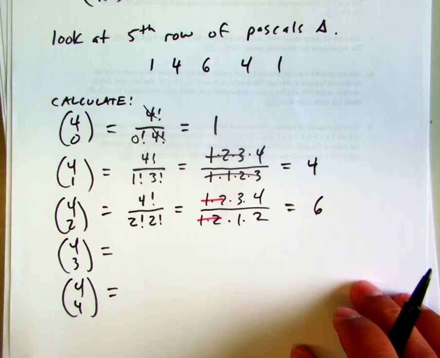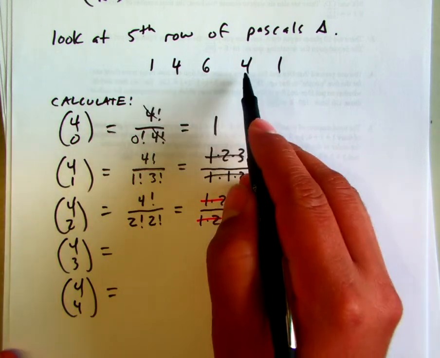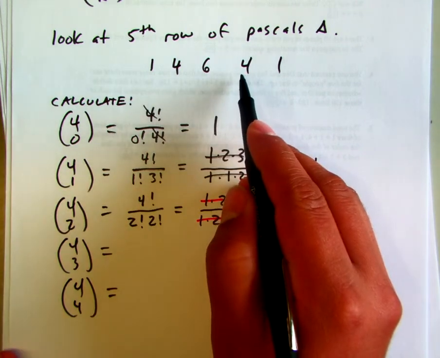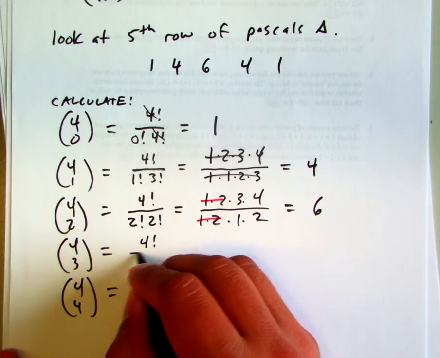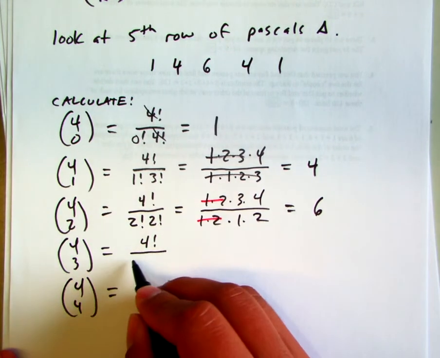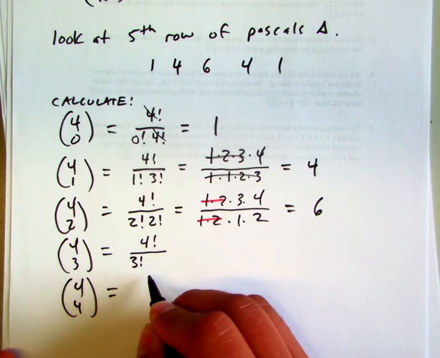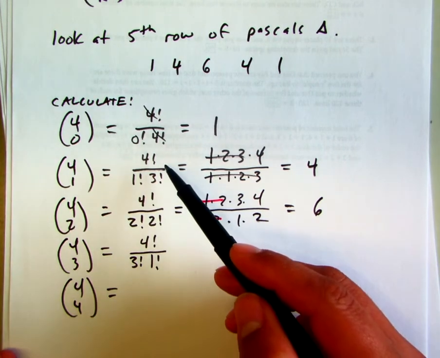Do we see anything yet? Maybe. The next one should be 4, and the last one should be 1. Let's confirm. 4 factorial over what's k? 3. n minus k would be 1. Well, that's exactly the same calculation as 4 choose 1.